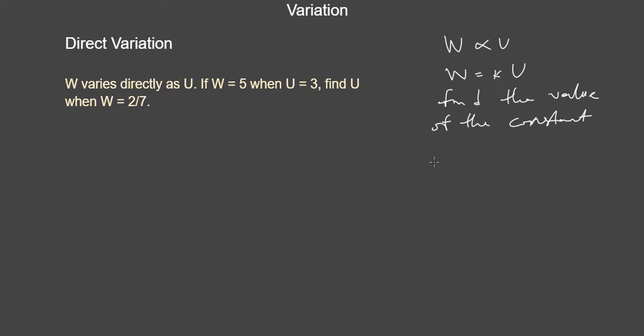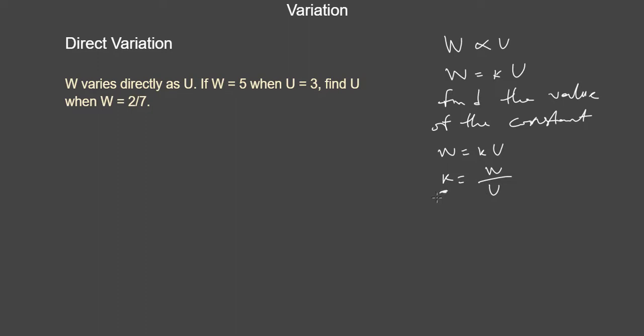If I have W equals KU, then K is equal to W over U, if you divide both sides by U. So the constant is what we have as W divided by U. And that is what direct variation means. Direct variation means the ratio between the two variables must be equal to a constant.